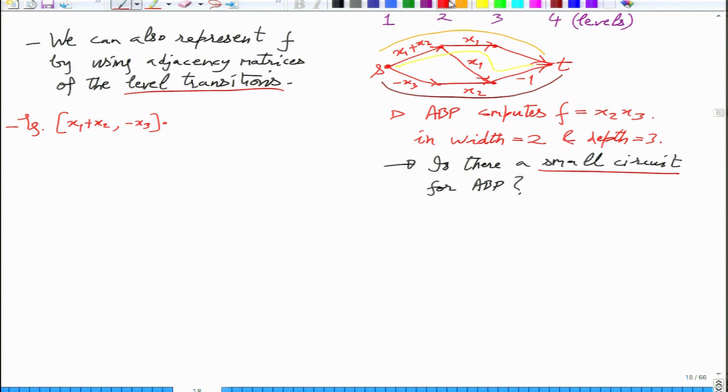Now 2 to 3, the matrix is a square matrix. So you get x1 x1 and 0 x2, and finally it is a column vector 1 minus, and you can see that this evaluates to the same f, you get x2 x3.